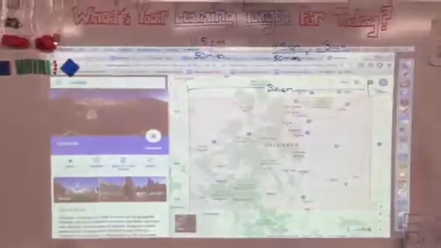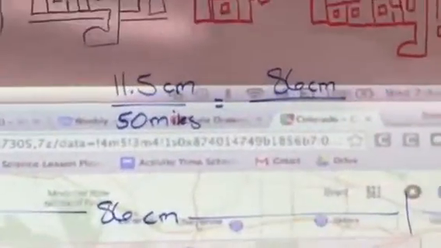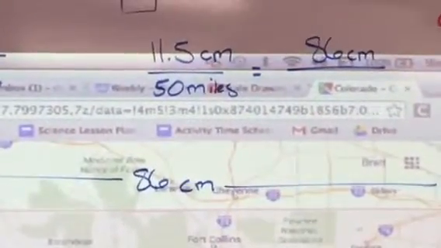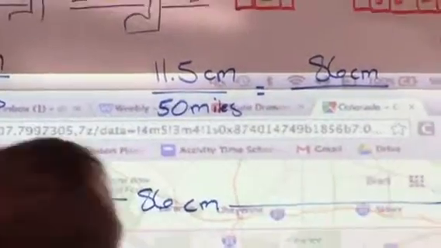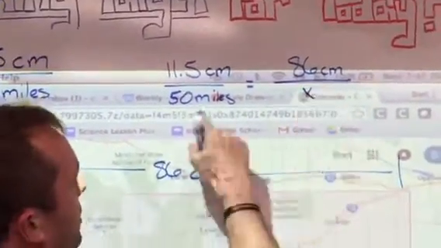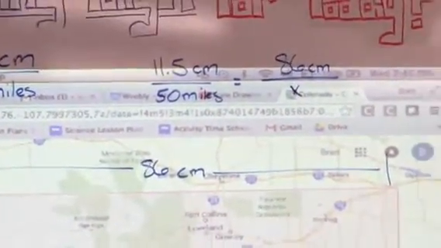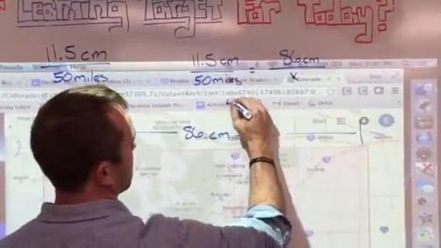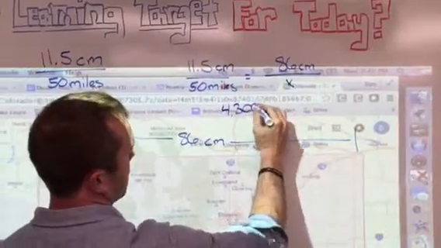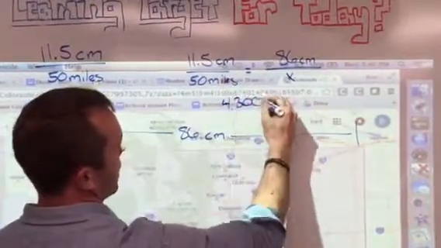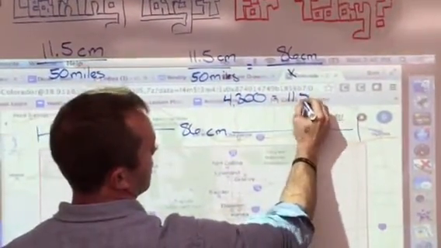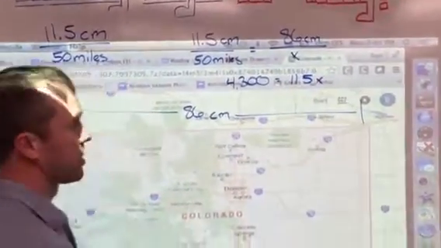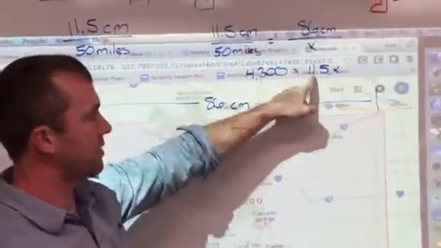Let me get a calculator. So we can use cross products. 50 times 86 equals 4,300 equal to 11.5 x, which is the cross multiply, and now we divide by 11.5.